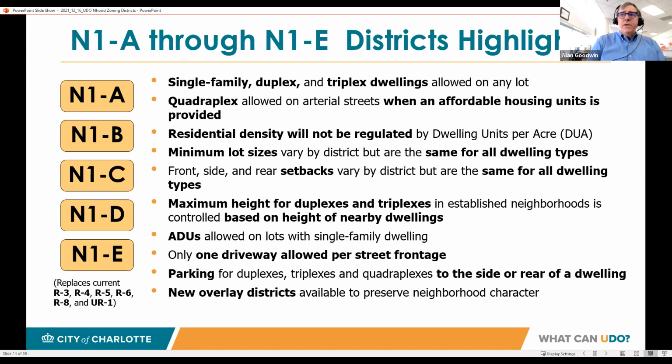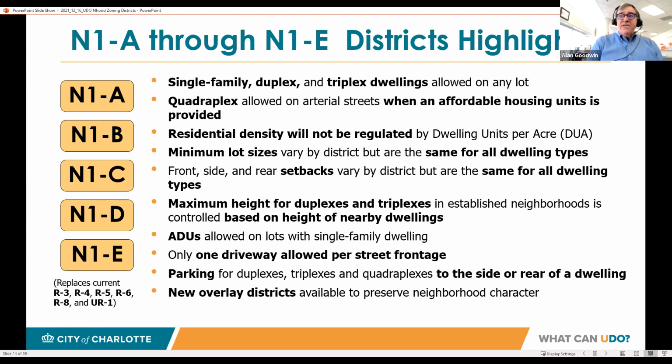Instead, density will be regulated primarily by minimum lot sizes. So we do have minimum lot sizes in the new zoning districts. They will vary by district, but they're the same minimum lot size for all dwelling types. So regardless of whether the new development is a single family or a triplex, the minimum lot size will be the same, as will the front, side, and rear setbacks.